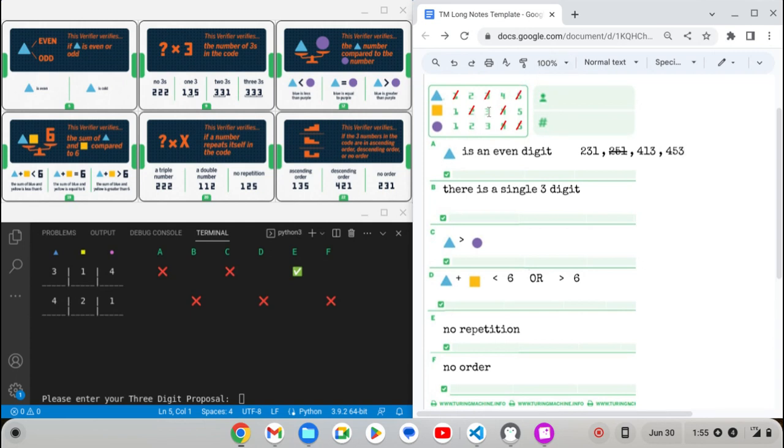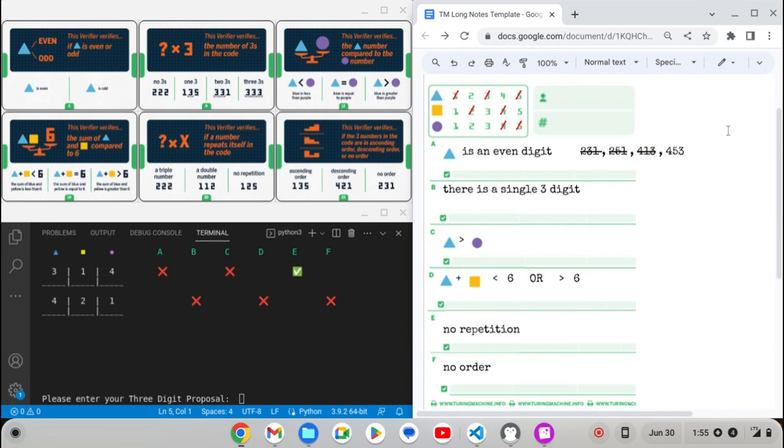And it can't be 43 because that's all descending. And then 453 because you need 3. Yeah, so it looks like 231 and 413 are ambiguous because they both have a sum that's less than 6. So I'm going to cross these out. And we're basically deducing that the sum has to be greater than 6.